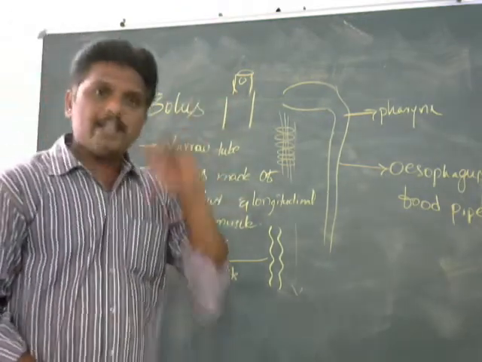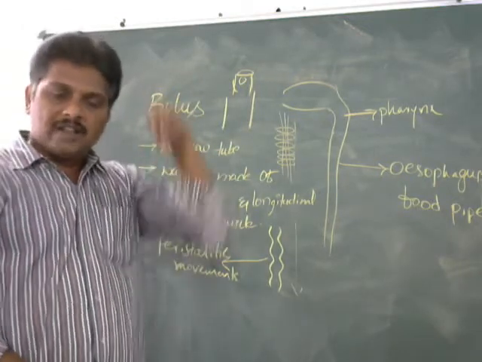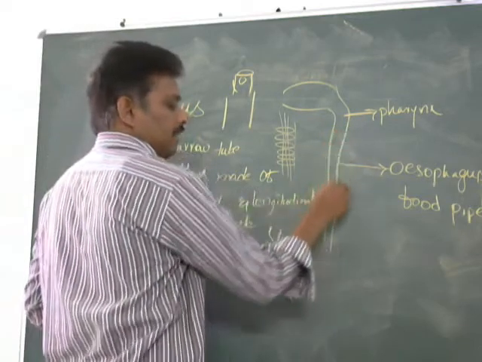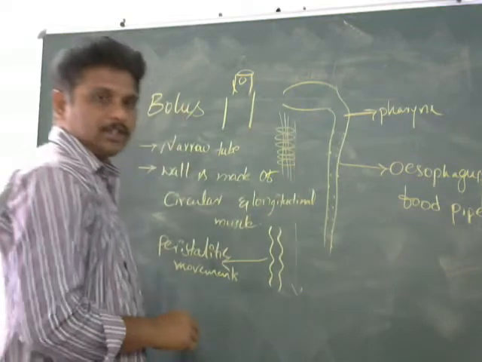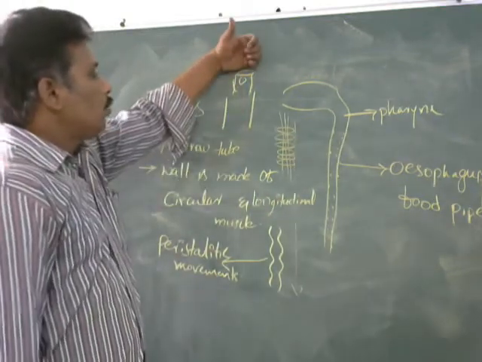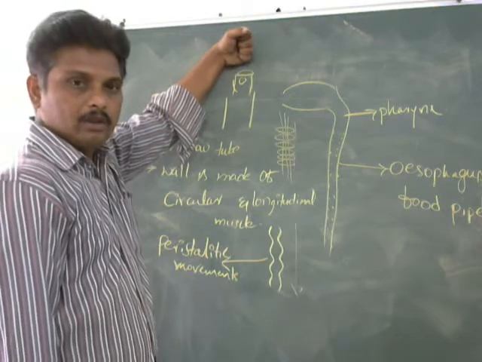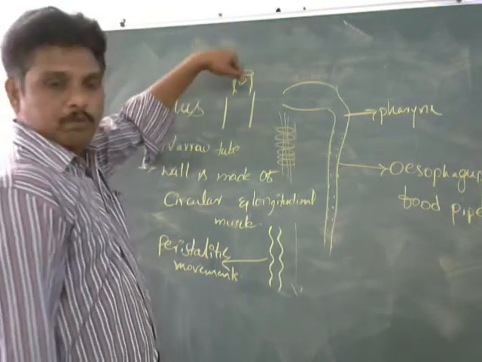For easy sliding of the food along the length of the esophagus, its inner wall is lined by a mucous membrane, which is slippery in nature. When the circular muscles above the bolus contract, the diameter decreases and there is pressure on the food bolus.